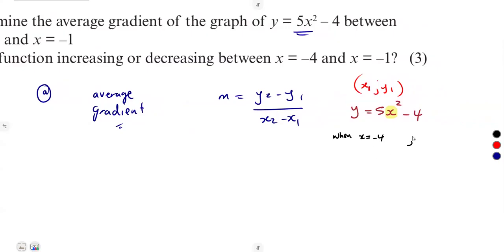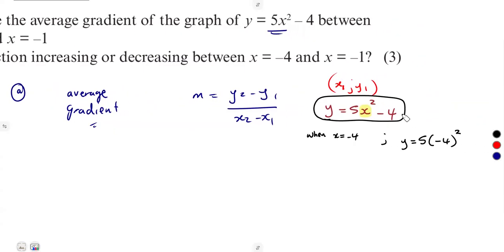So from there, you're going to determine the y value. Y is equal to 5x squared minus 4. In place of x, put -4. So that's 5 into (-4) squared, minus 4. This is part of your equation, so you have to just write it as it is.